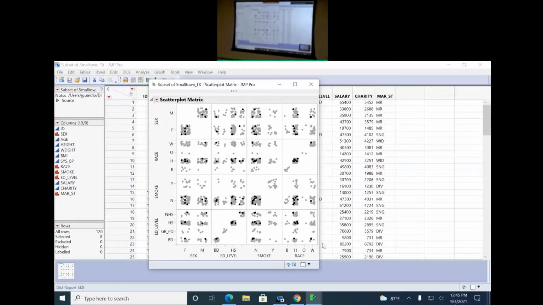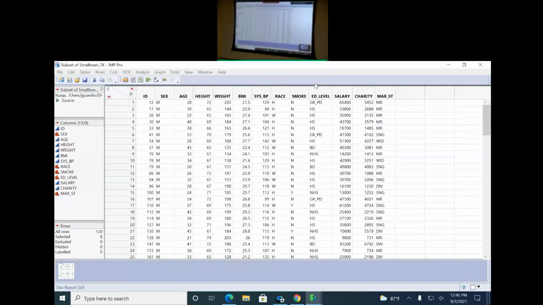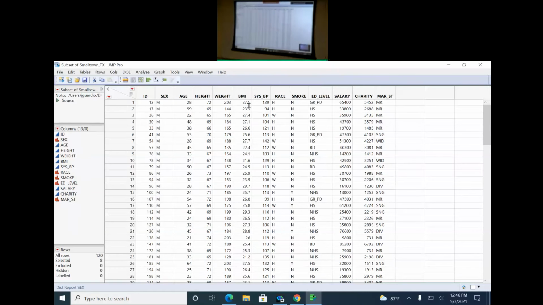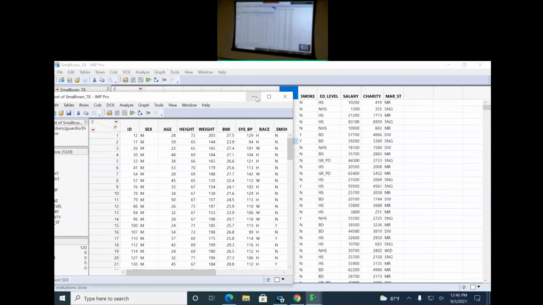You have the same variables in the x-axis and the same variables in the y-axis, and it is comparing multiple variables with each other. So here education level is compared with sex, again education level, smoke, race. So the same variable is compared with different variables. That's the speciality of the scatter plot matrix. Okay, and likewise we have different plots which you will be seeing in your labs.